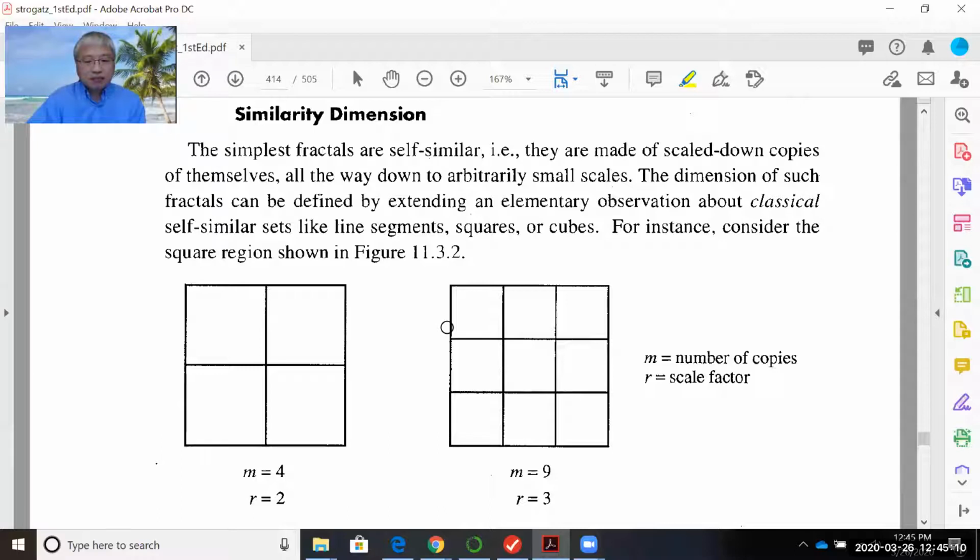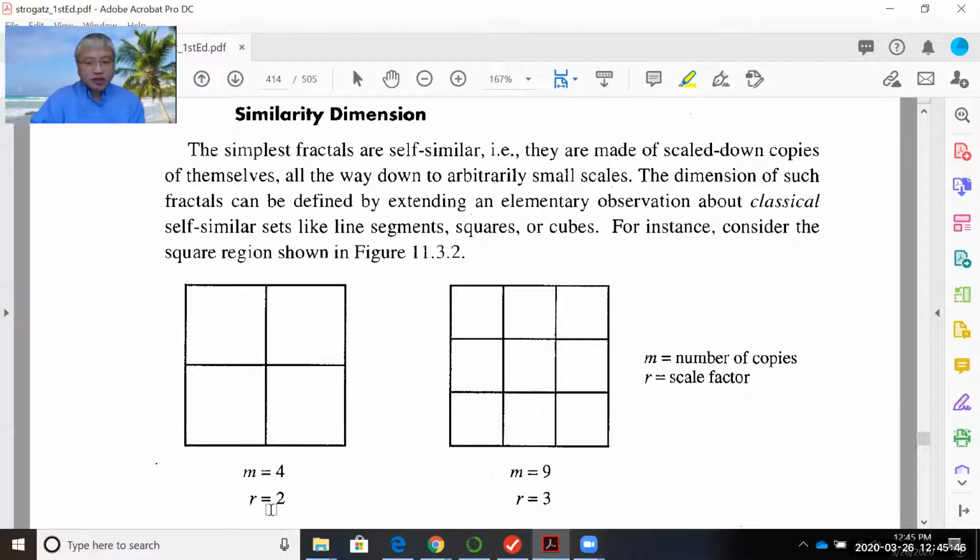So the idea of self-similarity dimension is the following. Consider a square region, which I measure using a ruler with scale factor r equal to 2. Maybe we divide this length into 2, so this length is 2, this length is 2, then we count how many squares we have: 4.